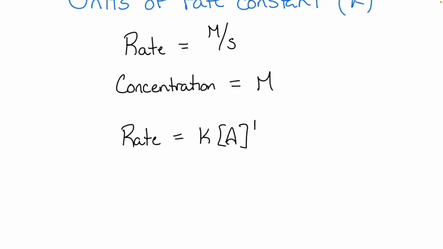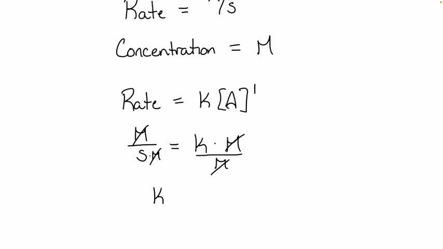Well, if my rate is molar per second times k, and my concentration is molar raised to the power of 1, or just M, I'm going to rearrange this to solve for k. Just divide both sides by that big M. So I'm left with a k of units of 1 over seconds.